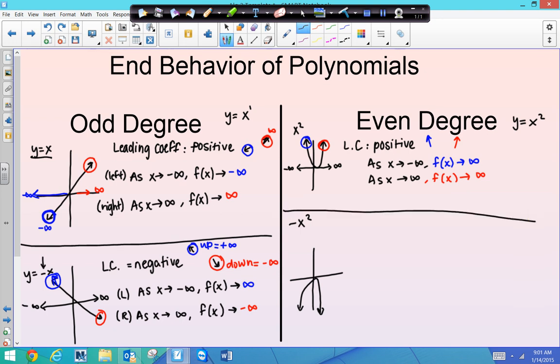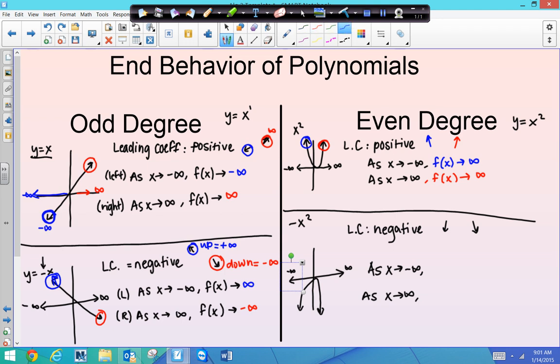We do the same thing for a negative x squared. For the leading coefficient being negative, your end behavior looks like this. We still split it up with the left and the right, so as x goes to negative infinity on the left and as x goes to positive infinity on the right.